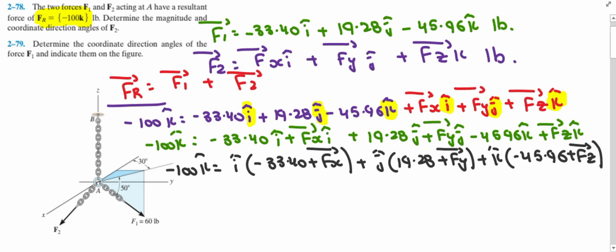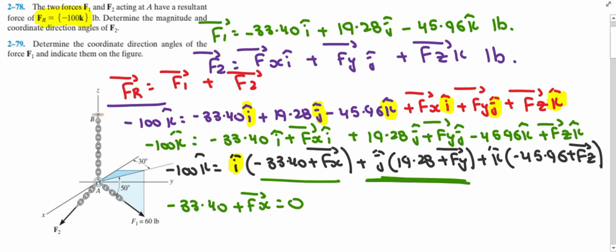So equate the components of the unit vectors to the opposite side. On this side there is i written, and on the opposite side there is no i written, so compare this whole expression to 0. So it becomes negative 33.40 plus Fx equal to 0. Similarly, compare this expression to the opposite side of j.